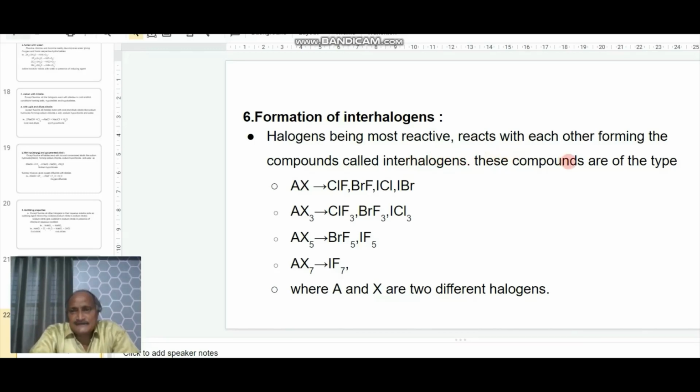These compounds are of the type AX, AX3, AX5 and AX7, where A and X are two different halogens.